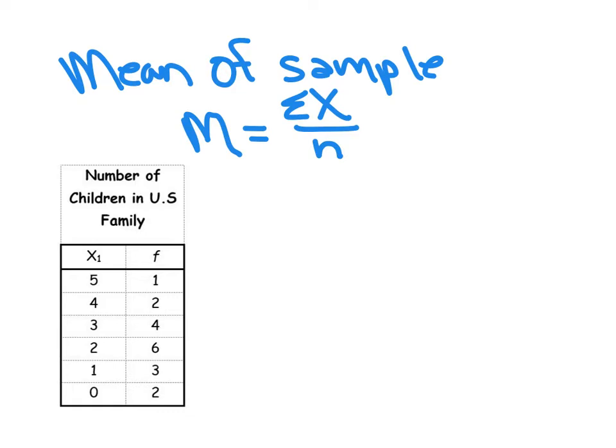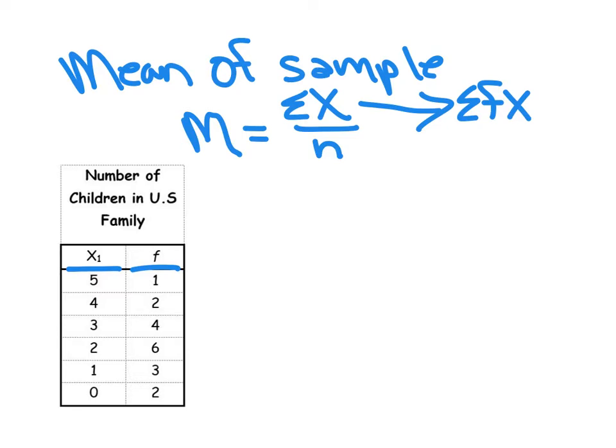Now, to get this sum of x, we actually are going to need to do the sum of the frequency times x, because if we were just to add up these x values, 5 plus 4 plus 3 plus 2 plus 1 plus 0, that would just give us all those numbers added together, but it doesn't account for how many of each of those numbers there are. So we need to make sure that we're accounting for that.